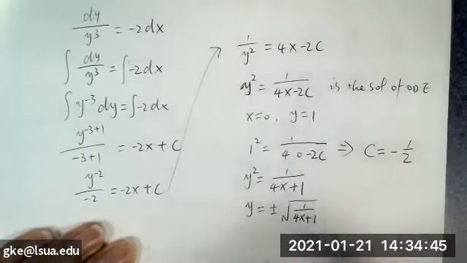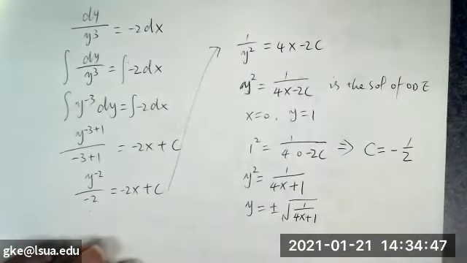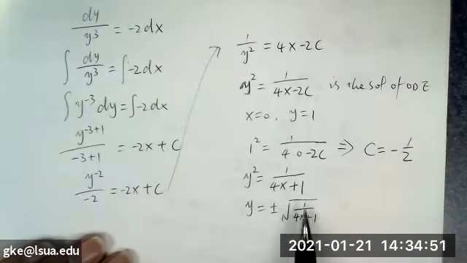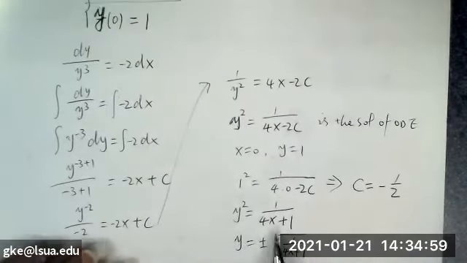So now my question is, since here y squared can be written as these two parts, right? We have two solutions. One is y equals positive, and another one is negative. Okay, my question is, which one is the solution?